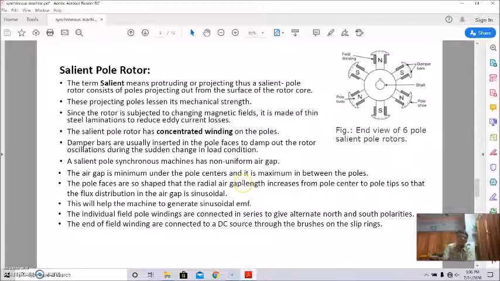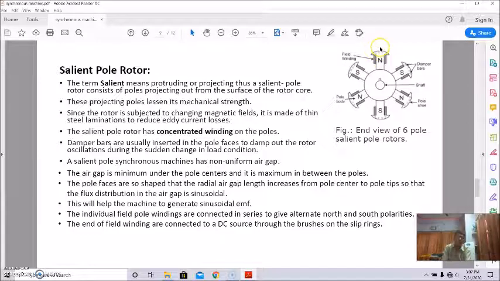So, salient pole rotor. This is an end view of a 6-pole salient pole rotor. Basically, the poles are projected here, and it is placed in the stator. The air gap, as I told you, is non-uniform.